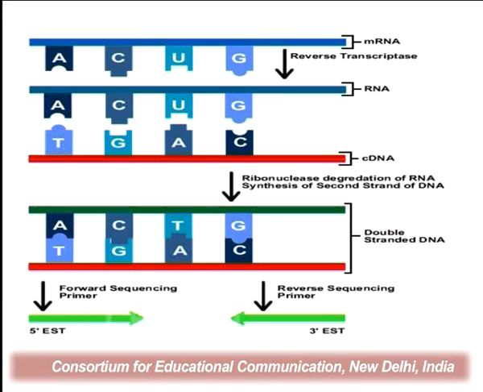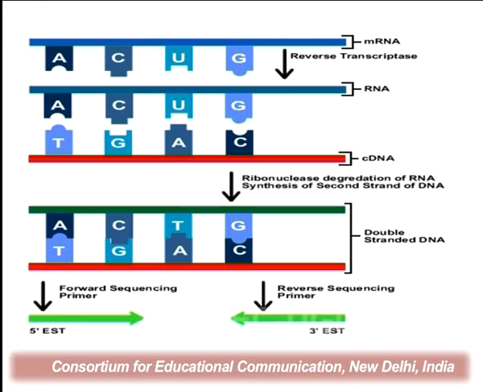Let's review this again with the help of this diagram. We said mRNA is a relatively unstable structure. So to work further with it, we synthesize a complementary DNA, which we call cDNA.